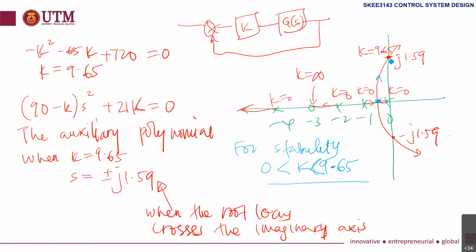At this point where it is critically stable, K is 9.65, which we obtained from here. So the region for stability is 0 to 9.65. We can use this to design the value of K. If we use K more than 9.65, the system will be unstable.